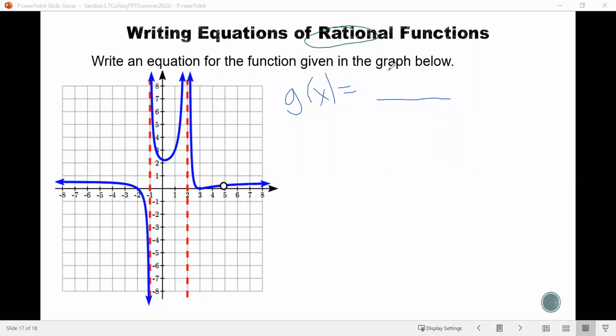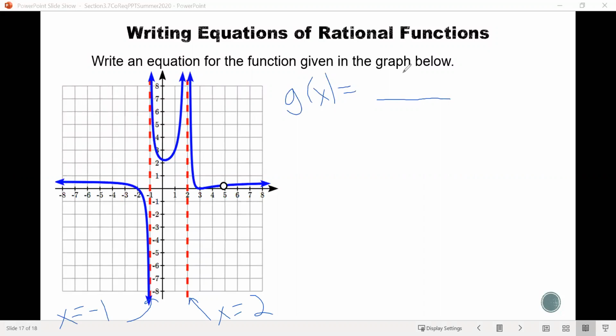And recall from what we've learned earlier in this section that the factors that go in the denominator relate to the locations of vertical asymptotes. So if we look at the graph here, we see that there are two vertical asymptotes at x equals 2 and also x equals -1.